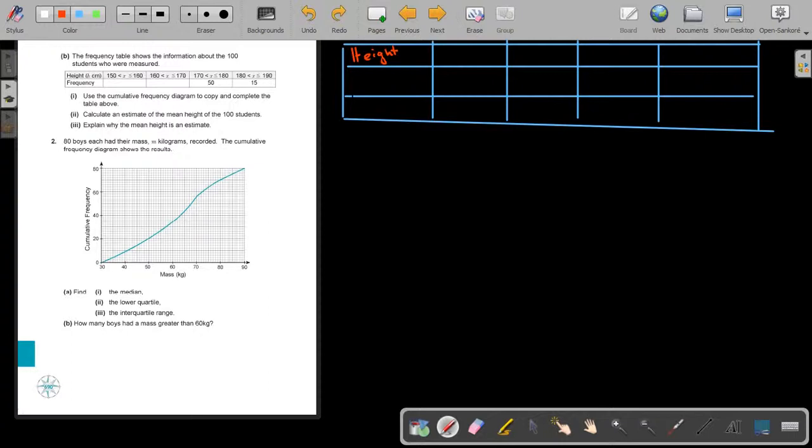And this is going to be the cumulative. Remember, you're first going to find the cumulative frequency, and then you can find the frequency. Okay, so basically, what were the heights? Let's just write it down. They're giving it to you, so it's 150 to 160.